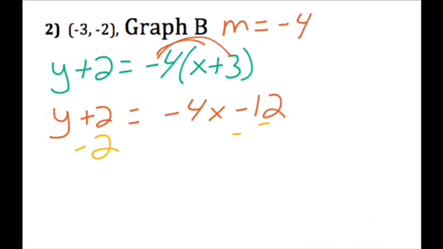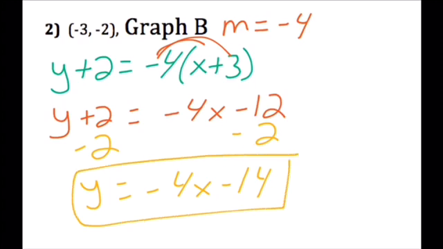Subtract 2 from both sides, and we get y equals -4x minus 14. So that's the equation of the line that goes through -3, -2, and is parallel to the line in graph B. Okay, go ahead now and do number 3.